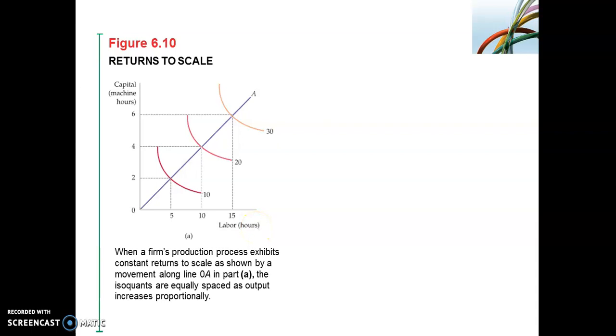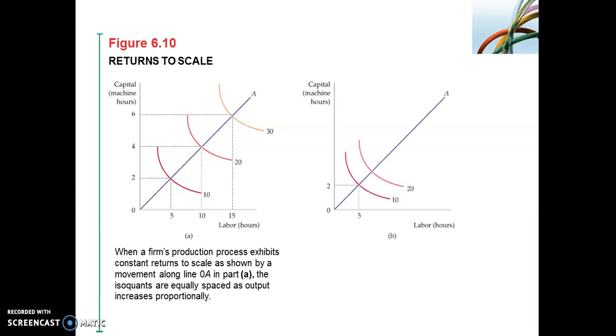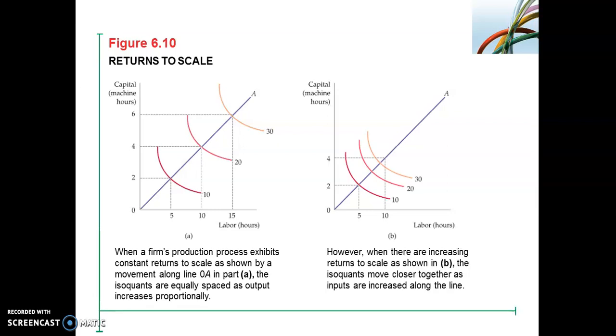So in both figures, let's just open up the next figure. You will see that in both figures, for each of these inputs, capital and labor, it involves the same quantity of hours of labor and hours of capital. So if we look at our vertical axis in terms of these inputs, our input here, capital, in terms of machine hours, here we have 2 hours.